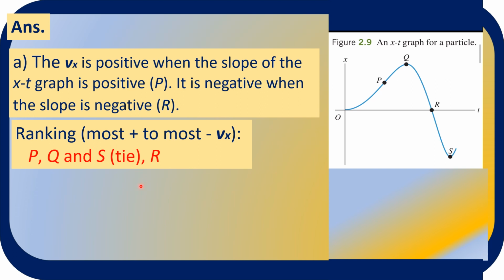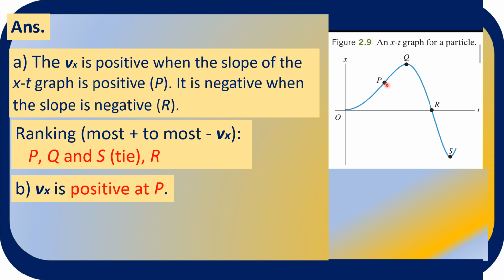Likewise, for question letter B, which is asking for the positive velocity, we say that the instantaneous velocity Vx is positive at point P. Again, the reason is that the slope of this line where point P is lying is a positive slope, and hence the slope of that line represents a positive velocity.